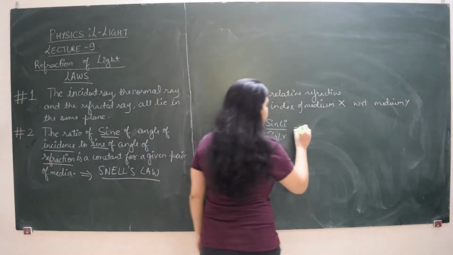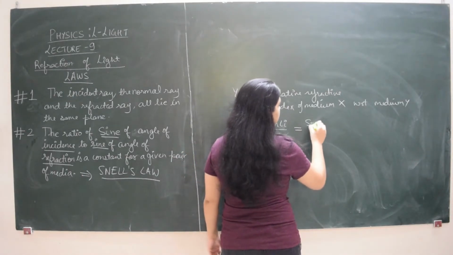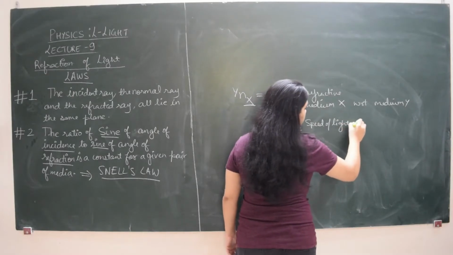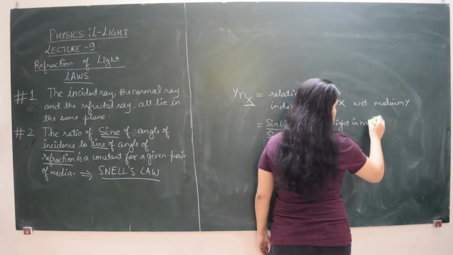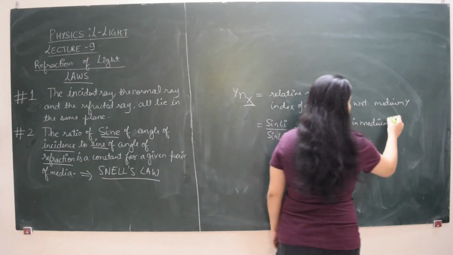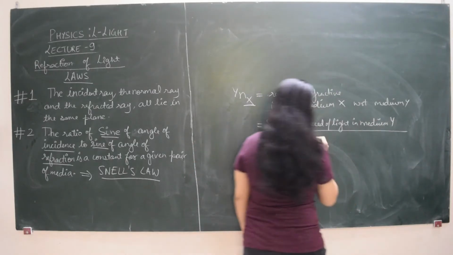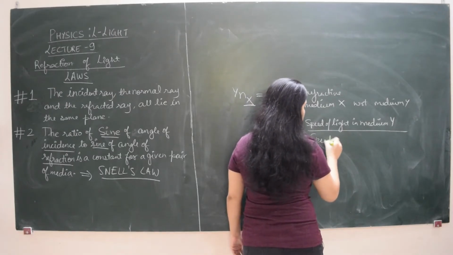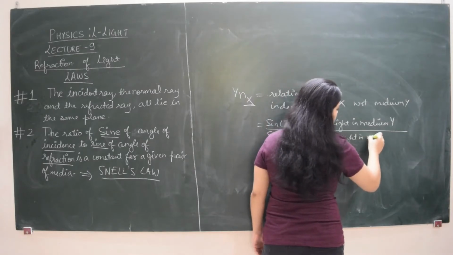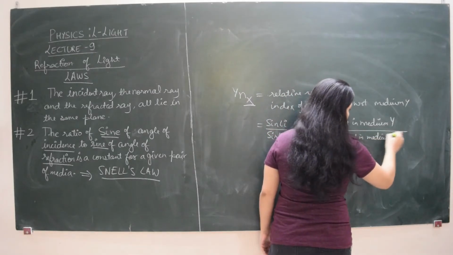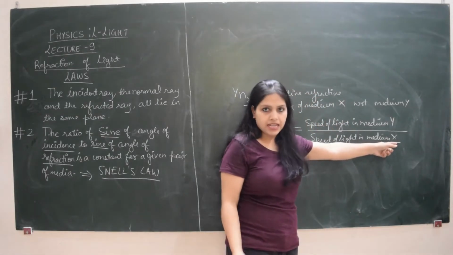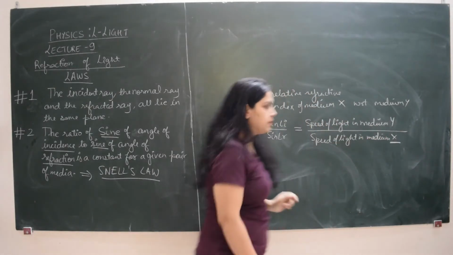So, it can also be written as speed of light in medium Y divided by speed of light in medium X. Okay, once again you have to understand we are finding out the refractive index of X. So that is in the denominator.